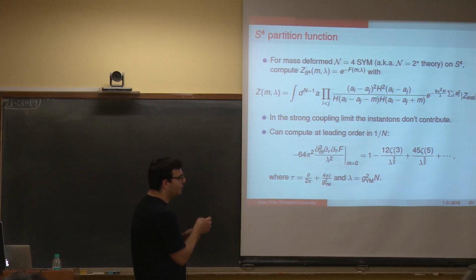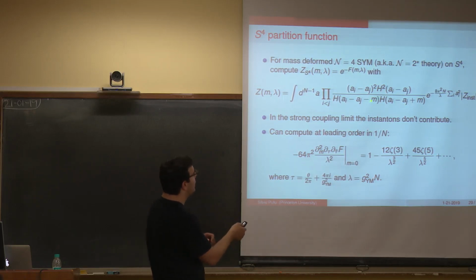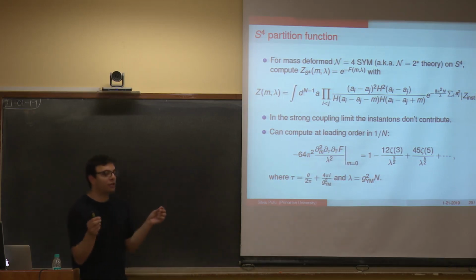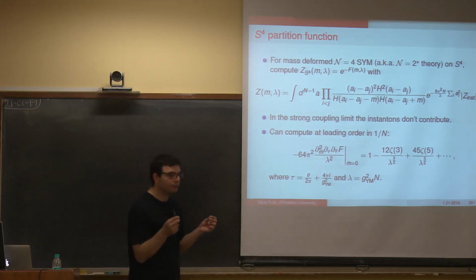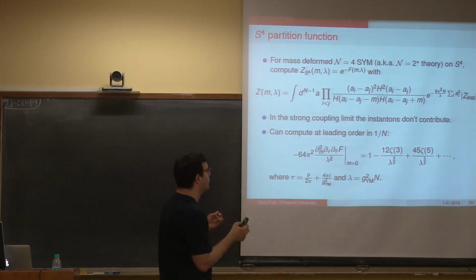I'm not really sure, but the simplification when m equals 0 is that these h's go away, and there's just this factor. If you put this in the exponent, it will be e to the log of this. So there's a logarithmic potential between the eigenvalues. That's there even in the Hermitian matrix model. That's right.